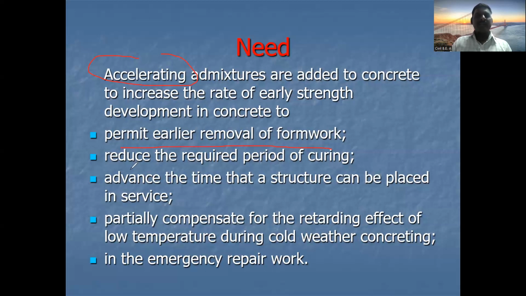Then the need of the accelerating admixture is to reduce the required period of curing. As per the Indian standard, we have to cure for a minimum of 28 days. Minimum 28 days we have to provide water to whatever concrete element we have cast.